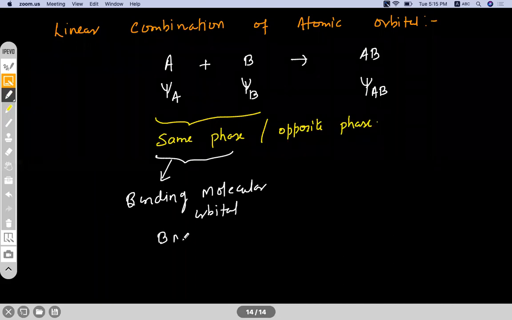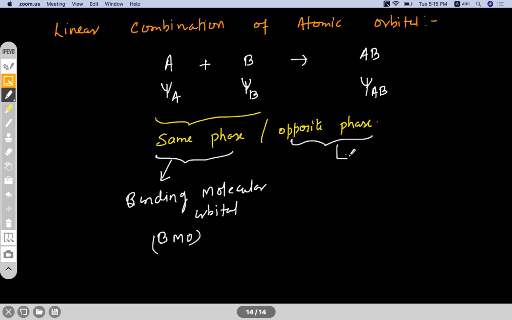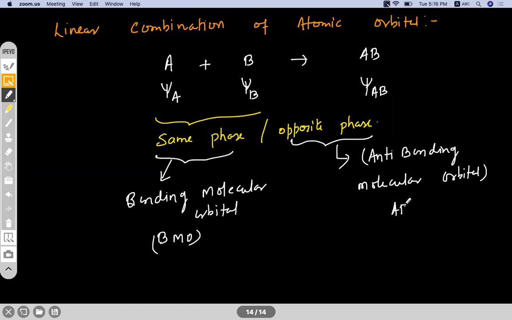When the phases are opposite, it is the anti-bonding molecular orbital, that is ABMO.